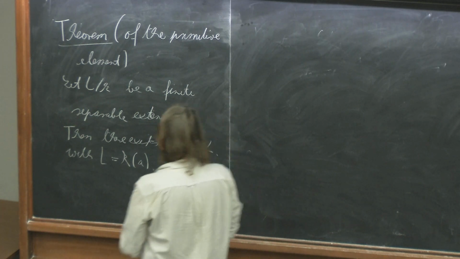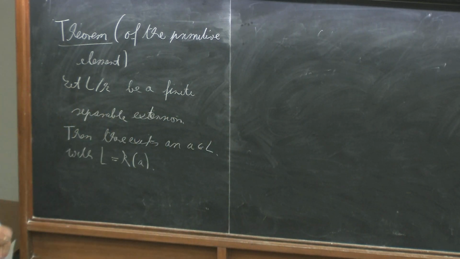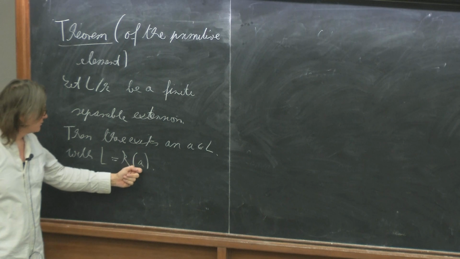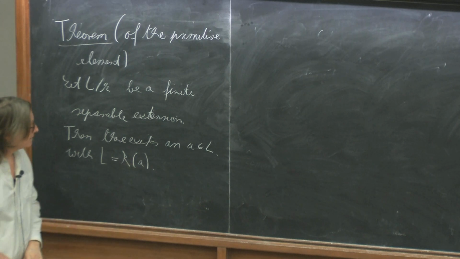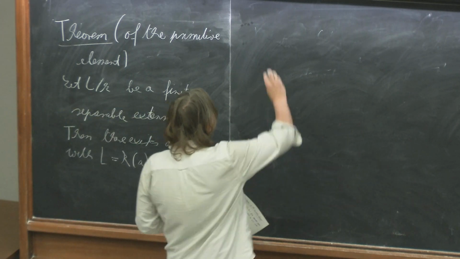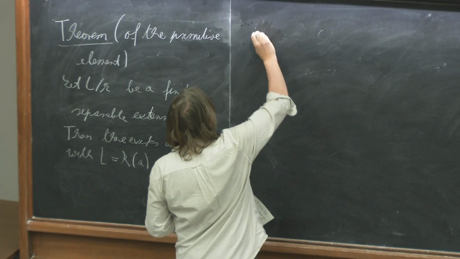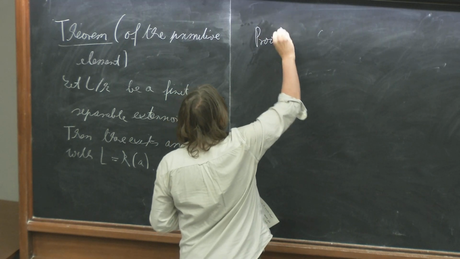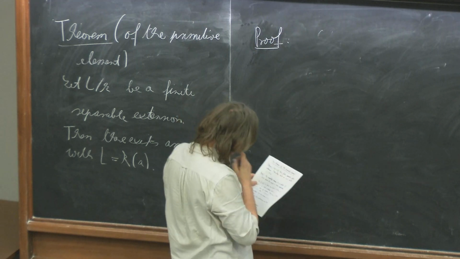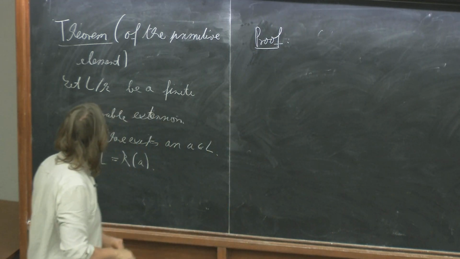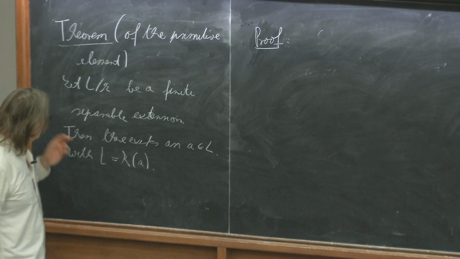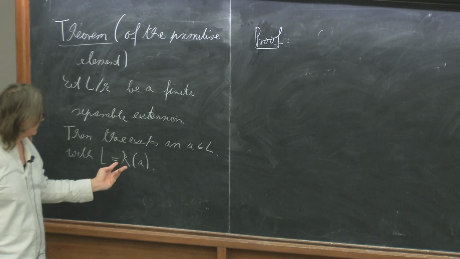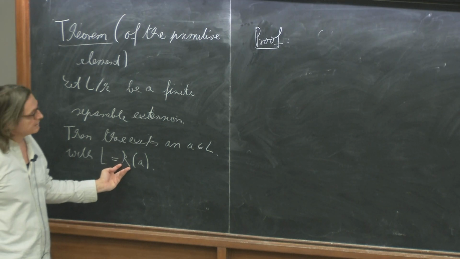Okay, so this somehow cannot be easy because it's not at all clear where this A should come from. I mean, how would you find it? And so we will have to work. So first I will cheat a little bit. I will assume for simplicity that the field K is infinite, has infinitely many elements.